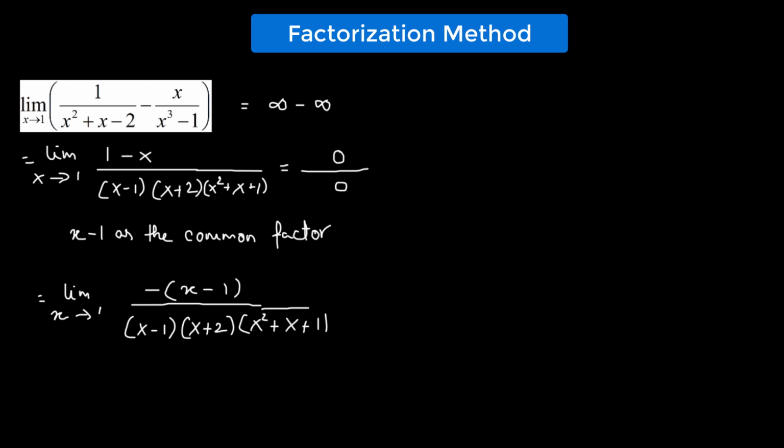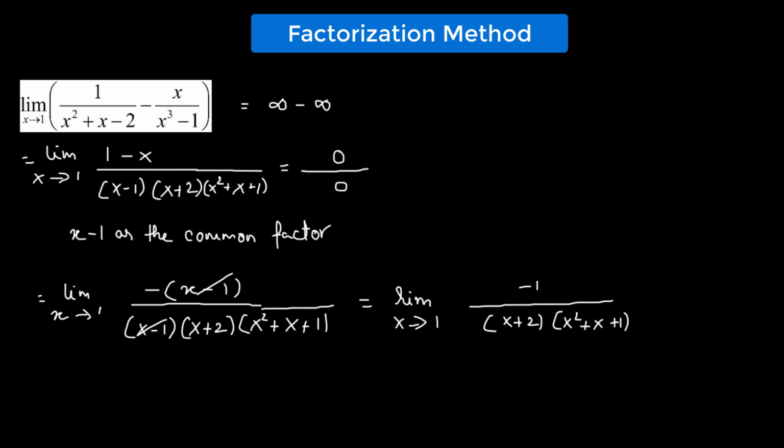So we can factor out the common term, which is x minus 1, from both the numerator and the denominator, and that leaves us with the limiting value of x going to 1, -1 divided by x plus 2 times x squared plus x plus 1.